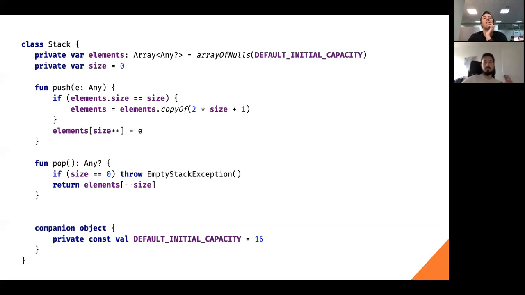The point is that when we are popping, we are only decreasing size, but elements are still kept in the array and they cannot be garbage collected, so they are stored. You can imagine that we populate this stack with 1,000 elements, and then we pop them one after another.